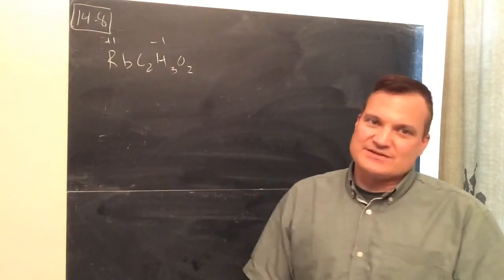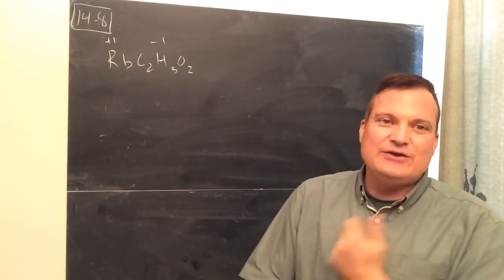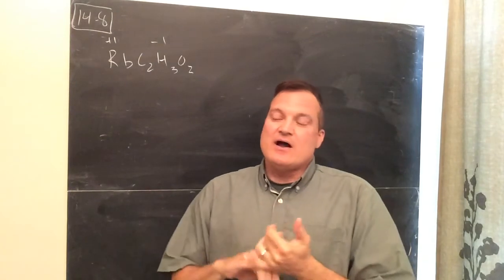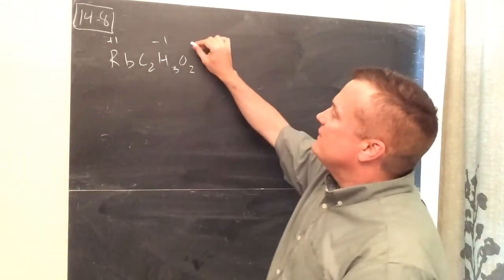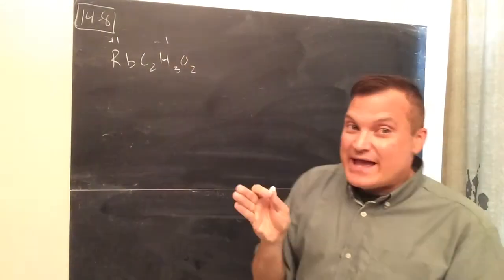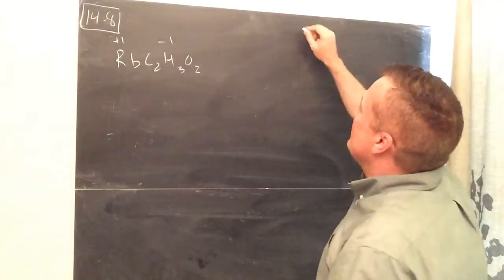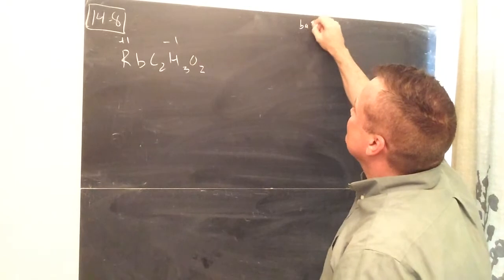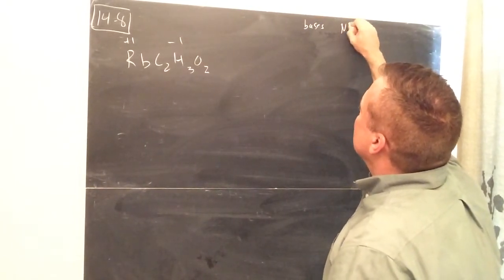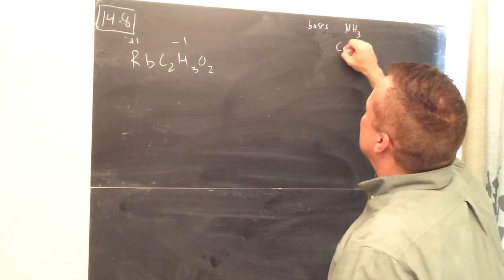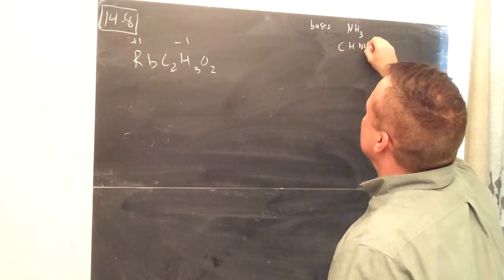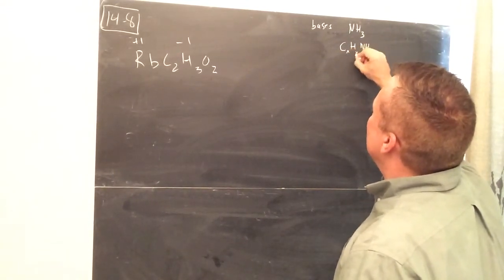Rubidium, the metal ions, they're not going to do anything. The only thing you need to be looking at is the ion that is the conjugate of a weak acid or the conjugate of a weak base. The weak bases are NH3 and then CxHyNH2.